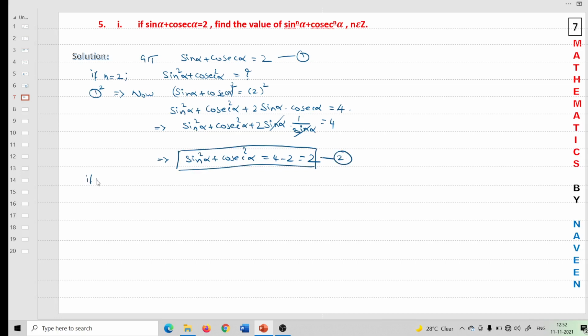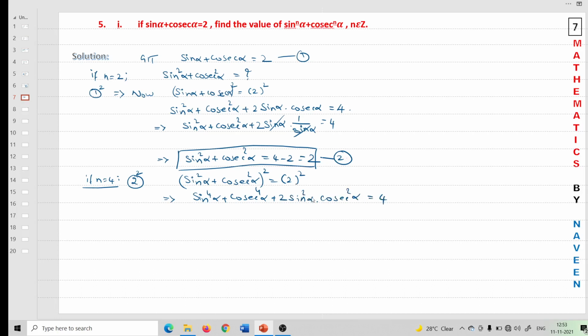In continuation, if n is equal to 4, I am squaring equation number 2. So what will we get? Sin square alpha plus cosec square alpha whole square is equal to 2 square, which is sin power 4 alpha plus cosec power 4 alpha plus 2 sin square alpha into cosec square alpha, that is equal to 4. 2 square value is 4.